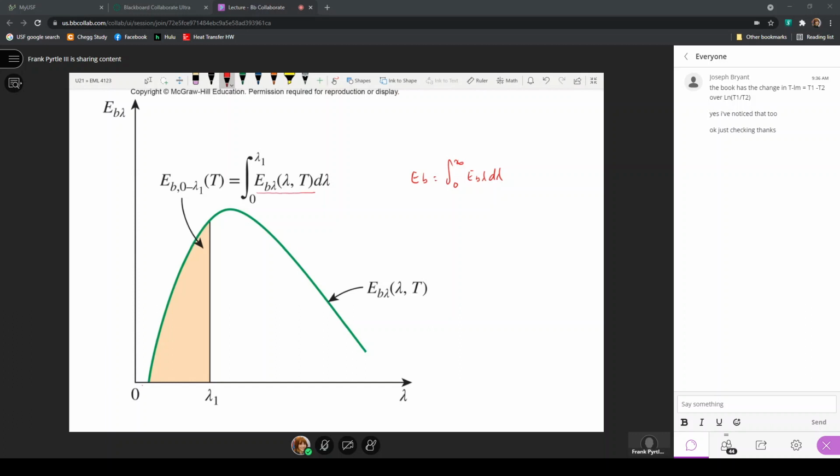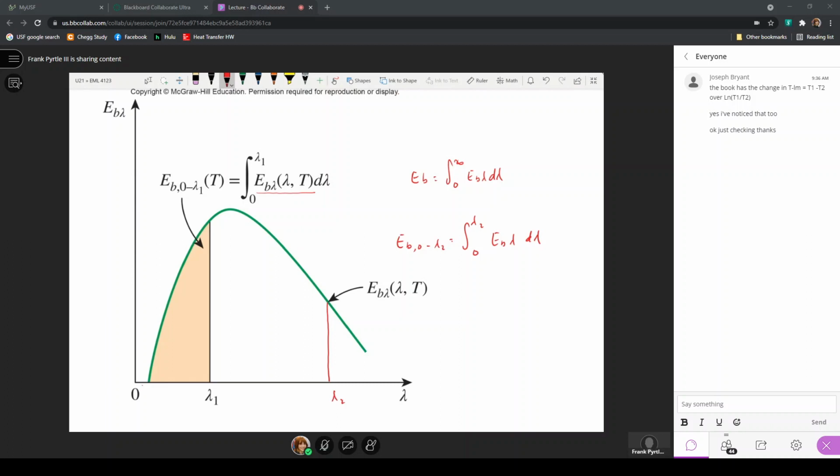And that will give me from 0 to here. If I wanted to consider from 0 to lambda 2, the black body emissive power from 0 to lambda 2 would just be the integral from 0 to lambda 2 of EB lambda d lambda, not writing the functional dependence on the wavelength and temperature.